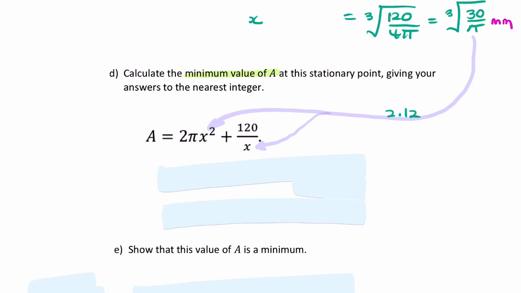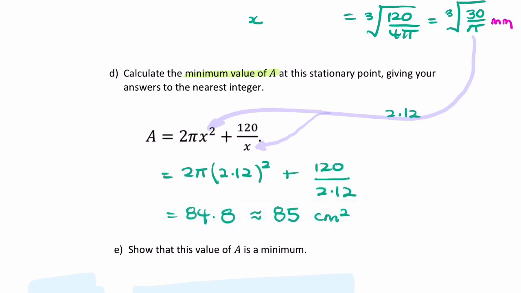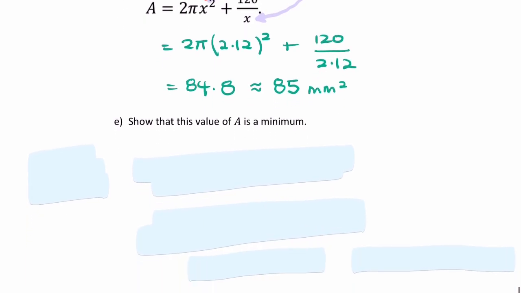So if you put that into the expression, and because they're saying to the nearest integer, you need to round that to the nearest integer, so that's 85, and that's millimeters squared. Okay, so that's the minimum value of A. All you need to do is take the value of x and substitute it into the expression.